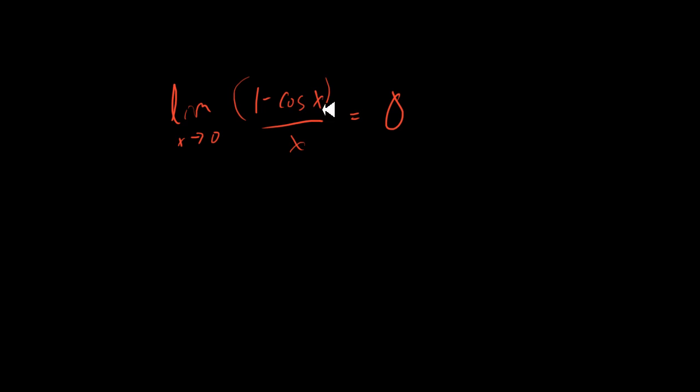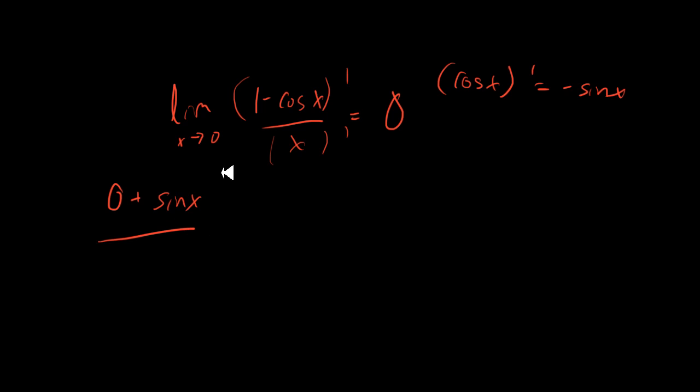So derive this. It becomes 0 because constants become 0, and the derivative of cosine x is negative sine x. But since there's already a negative sign here, we'll just say sine x, and x becomes 1.